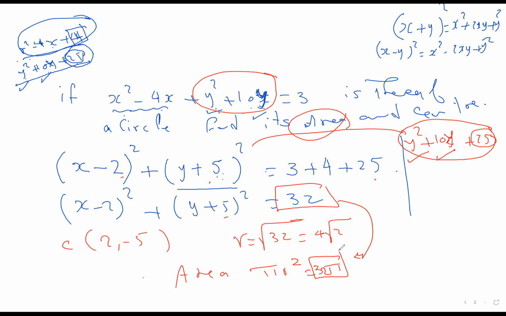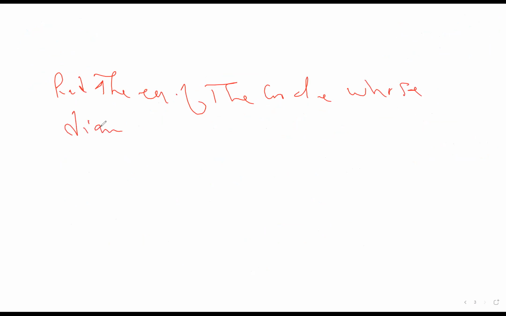Okay, I'll give you 2 examples as homework. Number 1: find the equation of the circle whose diameter is AB, if A equals (1, negative 3) and B equals (negative 5, 7).